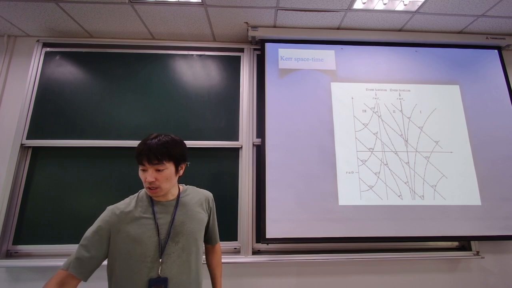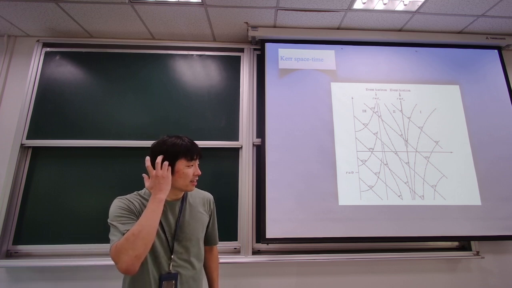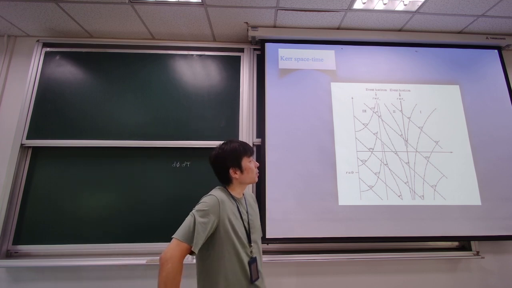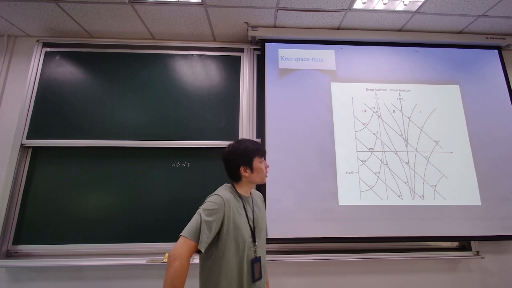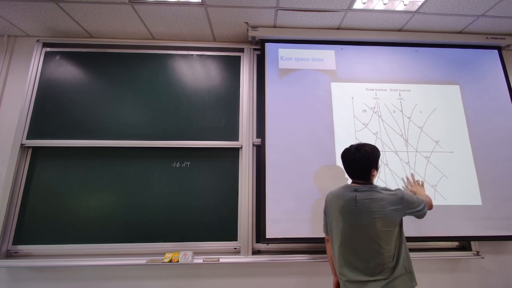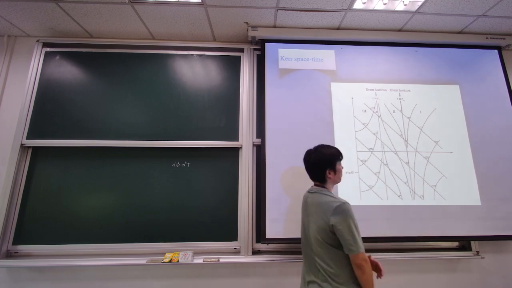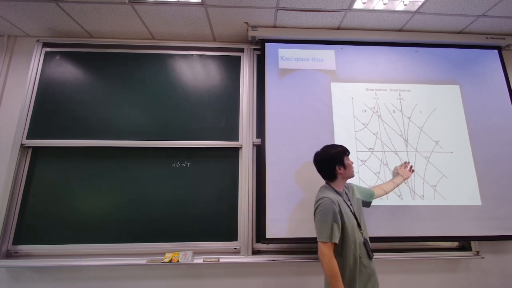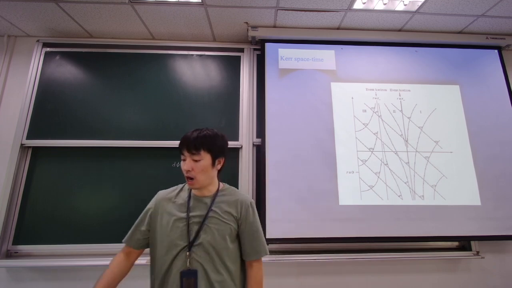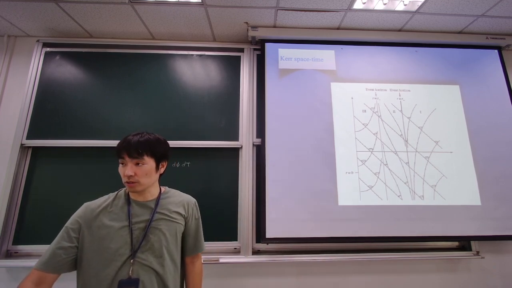This is the causal structure, like the Eddington-Finkelstein coordinates in curved spacetime. Here, the outer horizon and the inner horizon. Again, the light cone is moving toward the smaller r region.